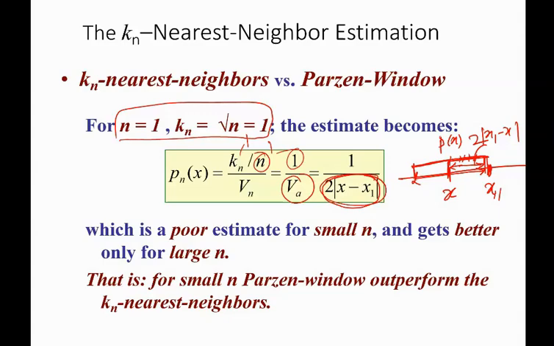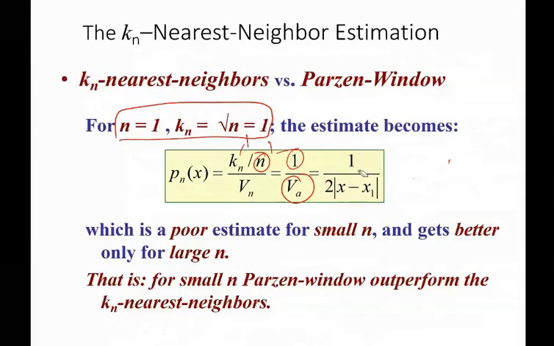Now note that we don't have any control on the growth of the volume. It can grow as per the requirement to accommodate those many samples. In this case k equal to 1, so it will keep on increasing its size till it reaches the only available training sample. Since there is no restriction on growth, this Pn(x) will always give you some value, and it will never go to 0.